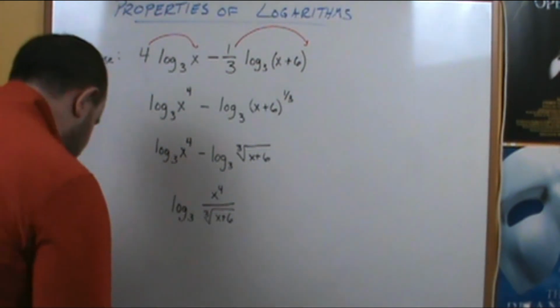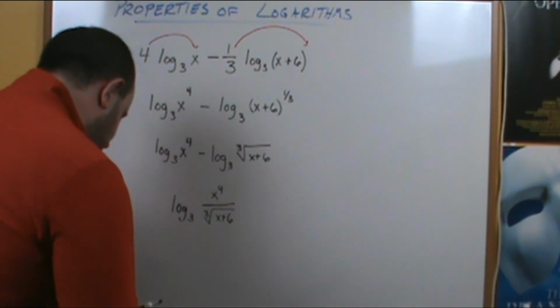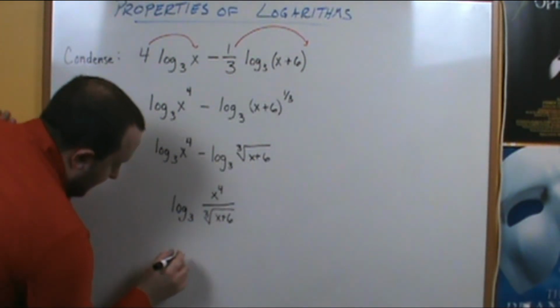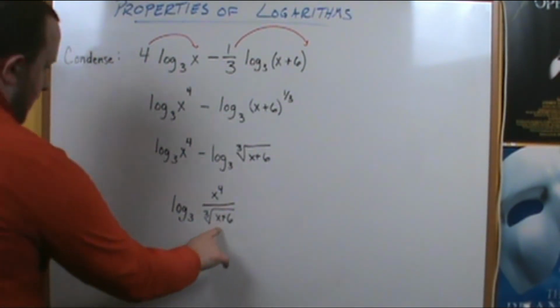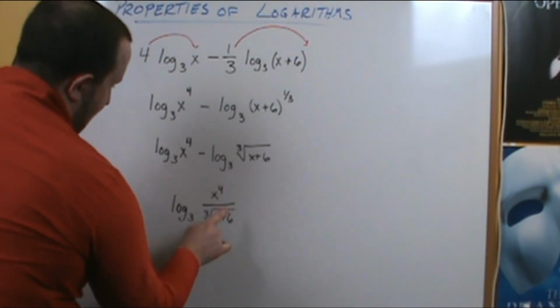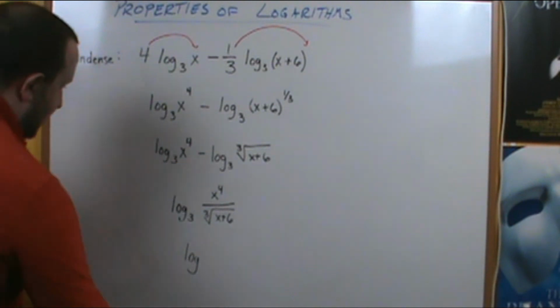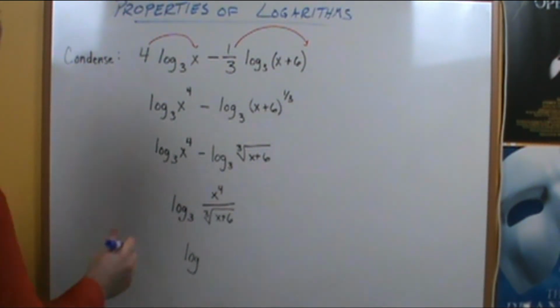And there's your answer right there. And then since we can't have any radicals in the denominator here, we're going to rationalize this by multiplying the numerator and denominator by 2 instances of the cubed root of x plus 6, because that'll get rid of the radical in the denominator.